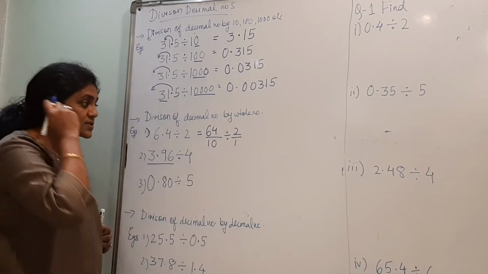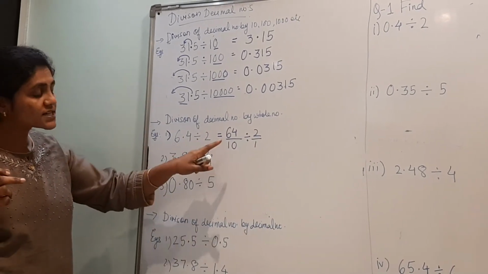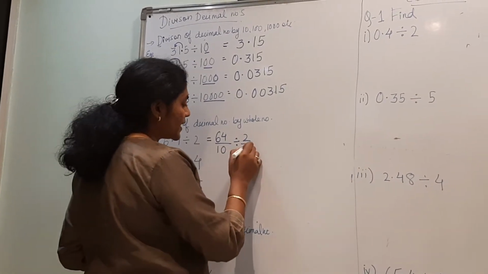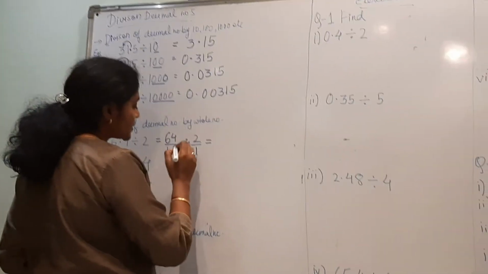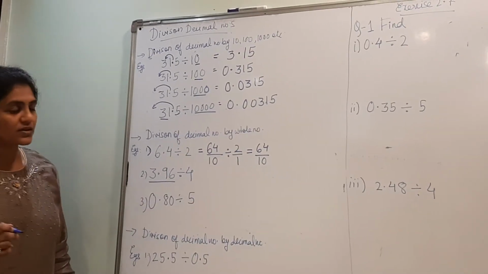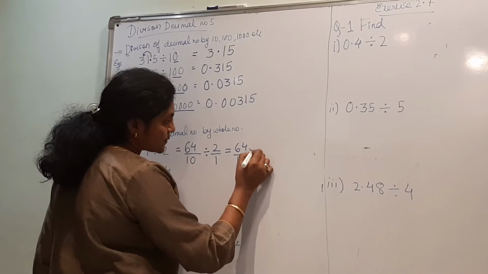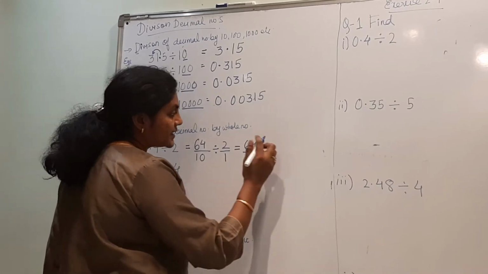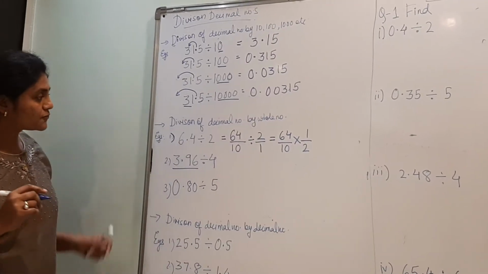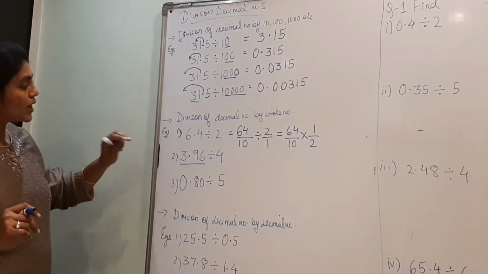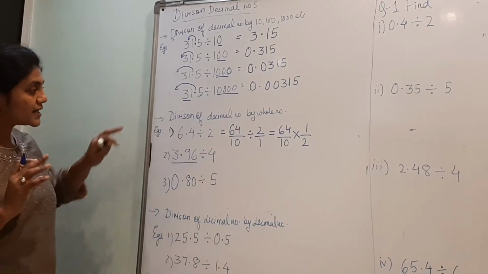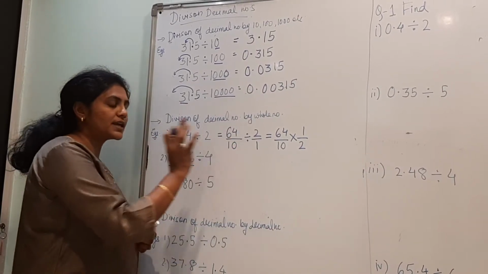Now comes the concept of division of two fractions, which we have learned. When you divide two fractions, the first fraction will remain as it is, division will be replaced by multiplication, and we take the reciprocal of the second. So first step, when you are dividing any decimal with a whole number, the decimal should be converted into a fraction.